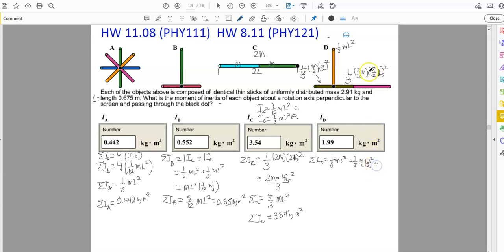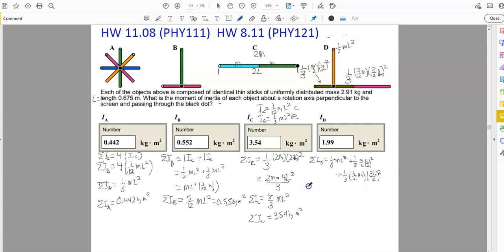And let's add in our last one, which is plus 1/3, 3 halves M times 3L over 2 squared.